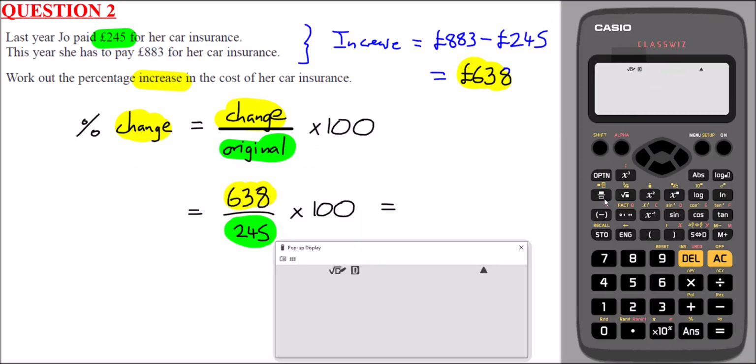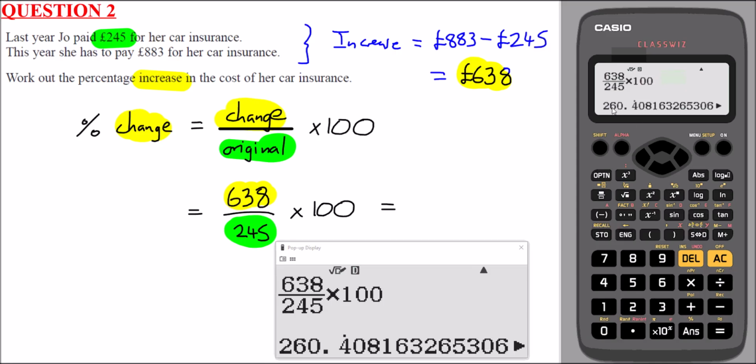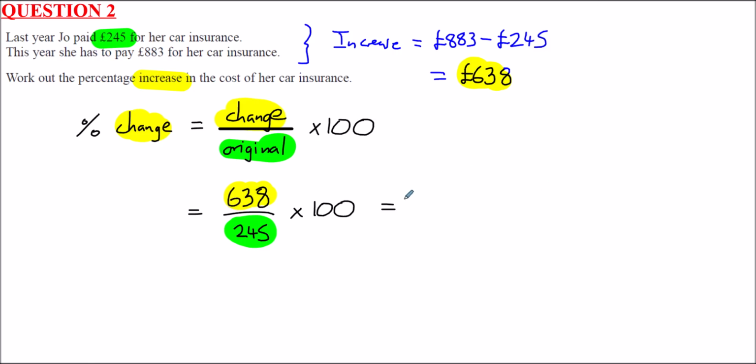So 638 divided by 245 multiplied by 100, that gives us three significant figures, or maybe you want to do it to one decimal place. It's absolutely fine, whichever you prefer, but at least 3 significant figures. We've got an increase in the insurance of approximately 260%.